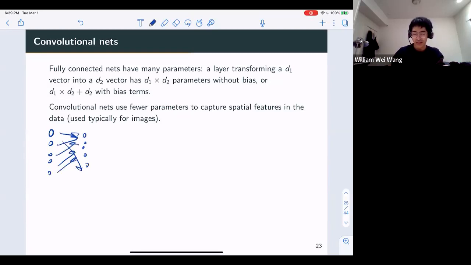You have too many parameters because each one of these edges has to have a weight attached to it. So if this is D1 dimensional and D2 dimensional, that means they have D1 times D2 parameters.